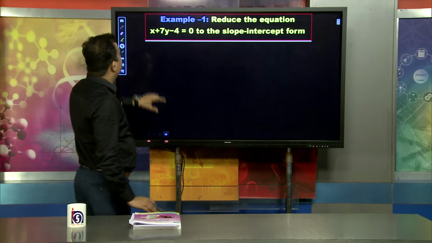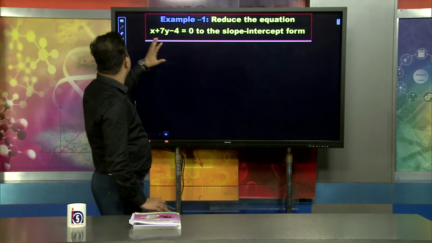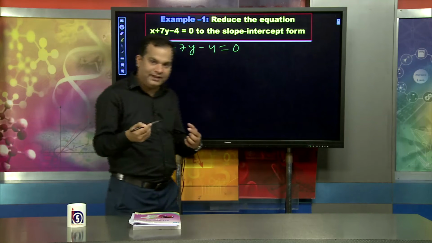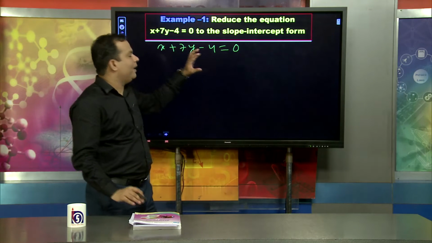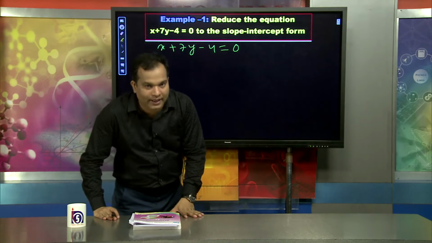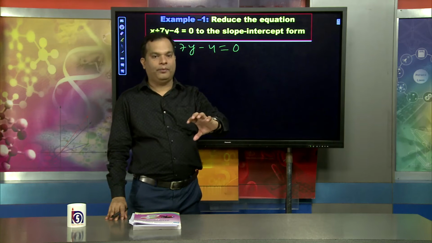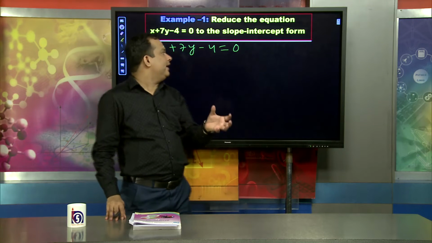Suppose the equation given is x plus 7y minus 4 equal to 0. We have to reduce it, that means bring it into slope-intercept form. That means we will find the value of the slope as well as the value of the intercept.